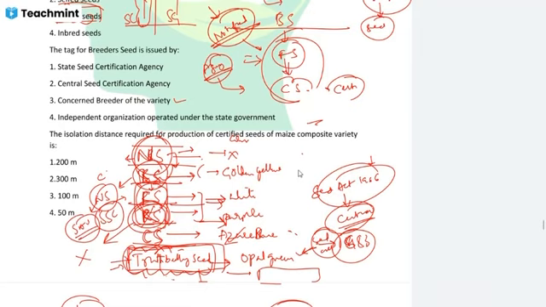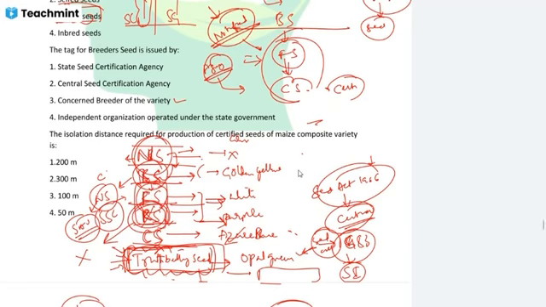He has to display the label in which the quality attributes are mentioned, followed from his class of seed. He has to test it. He has to send the samples to seed testing agents, like seed testing laboratories, where his sample will be tested, and based on that he has to display the quality attributes. If this is happening under the Seed Control Order, we have seed inspectors who will be regularly checking the quality of the seeds in the market.